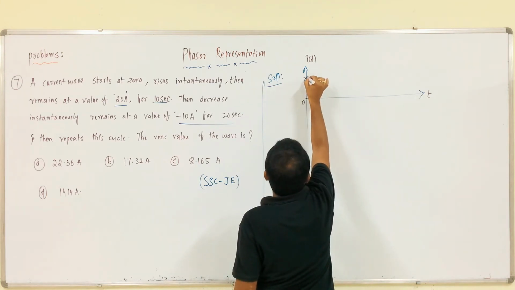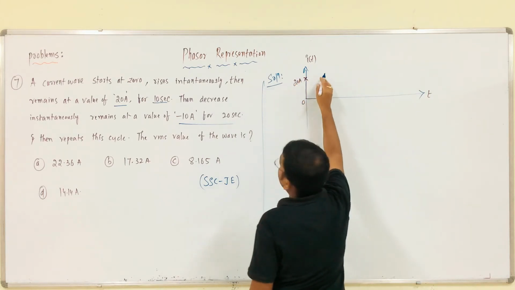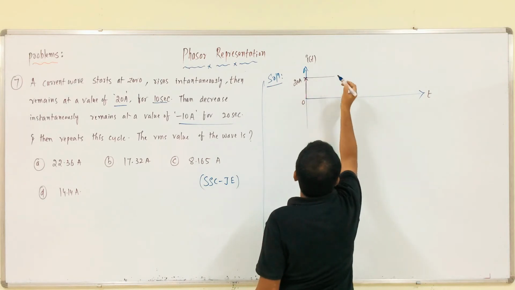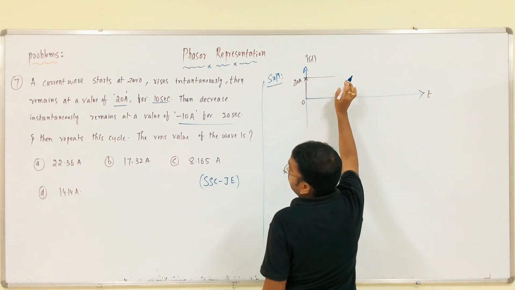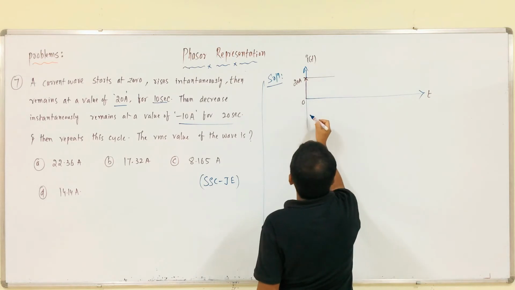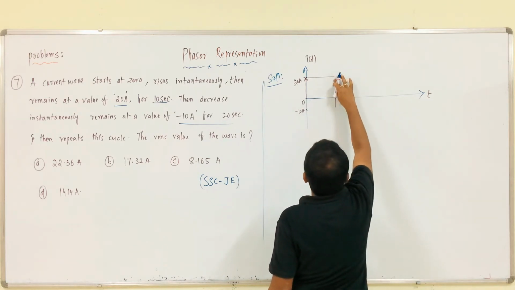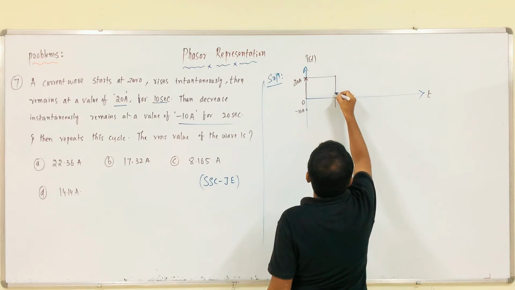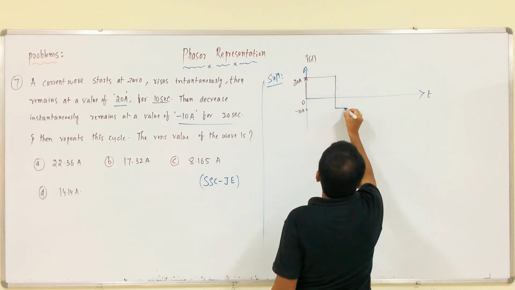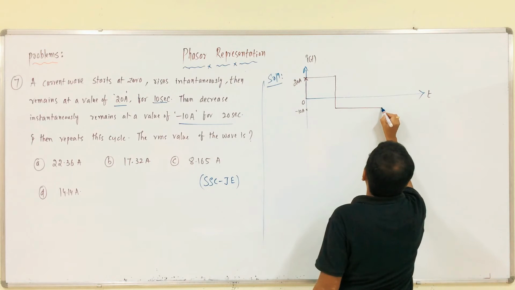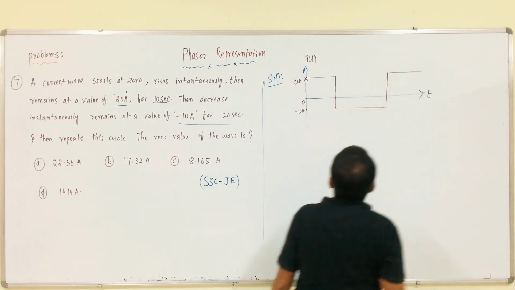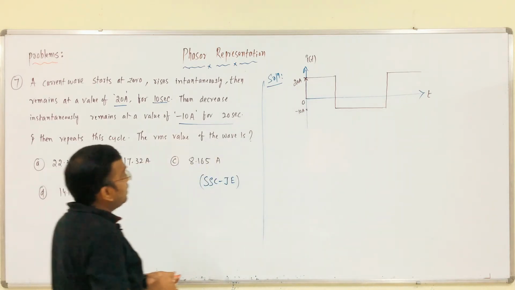For example, this is 20, it rises instantaneously, remains for 10 seconds, then decreases instantaneously, remains at a value of minus 10. This is minus 10. Remains for 20 seconds, right? The cycle repeats.